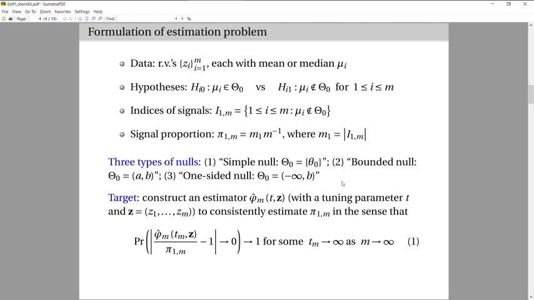These three types of nulls generate the commonly used nulls. Our target is to construct an estimator phi-hat_m depending on a tuning parameter t and the data z, to consistently estimate the proportion in the following sense.